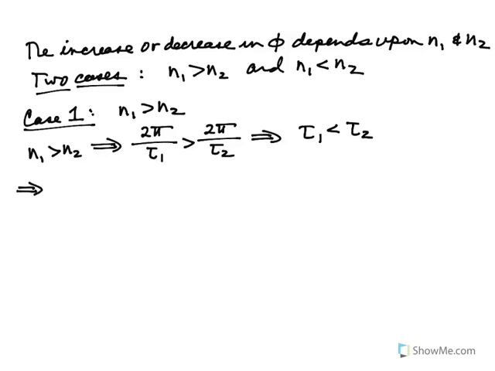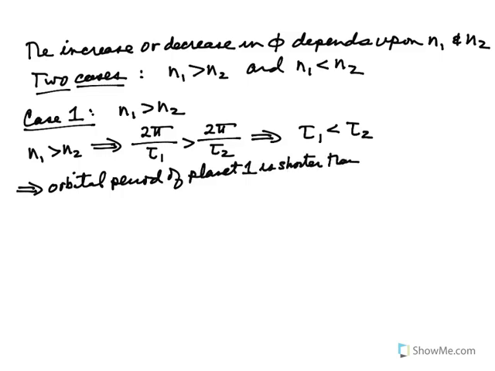So that implies that the orbital period of planet 1 is shorter than the orbital period of planet 2.